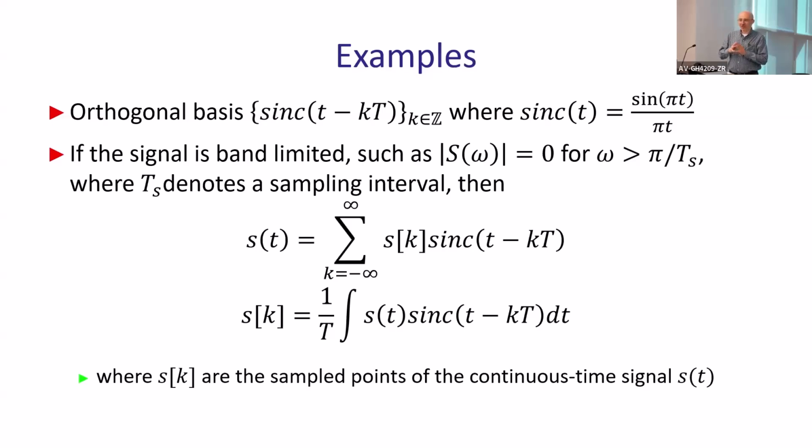And this function is used as an orthogonal basis, and I'm not proving that it is orthogonal. You can do the same computation as on the board: take the integral of one sinc times another sinc. Then you have a multiplication of two sine functions divided by the square of pi t, and integrating that becomes a little complicated; you do it by parts.